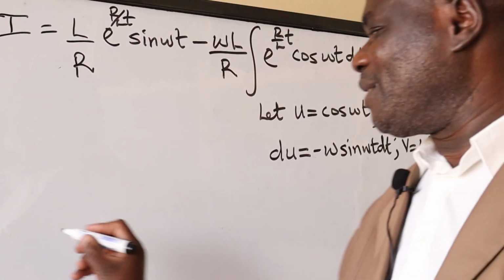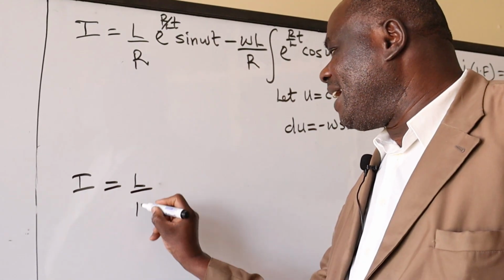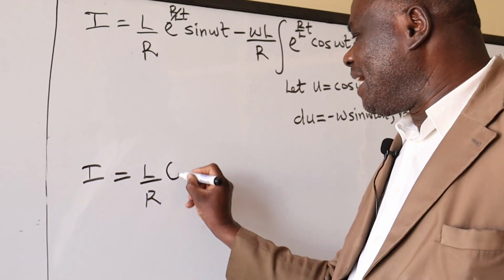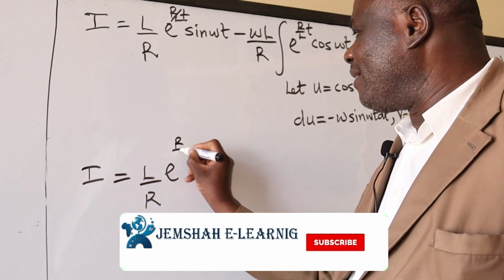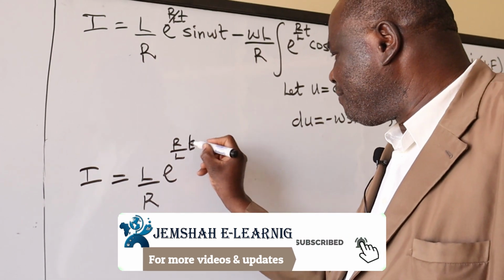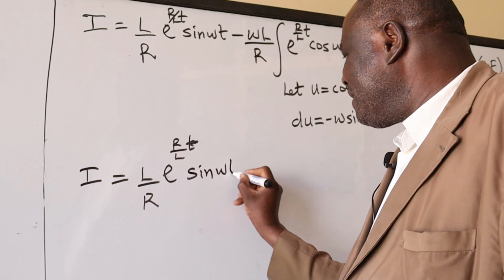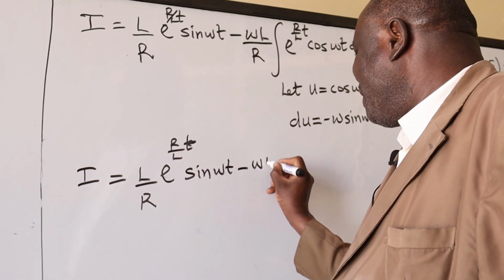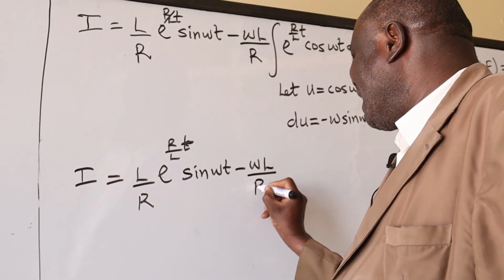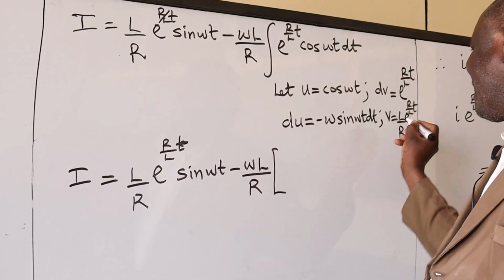So when we substitute, we say our I will be equal to L all over R exponential R all over L t sine omega t minus omega L all over R, into uv.